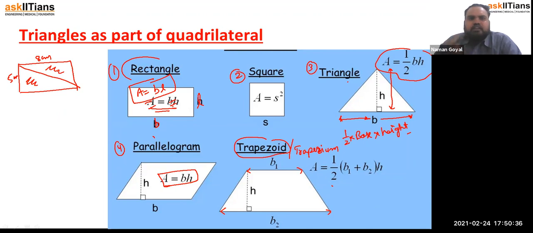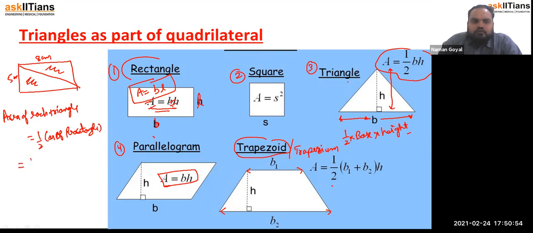The area of each triangle is one upon two the area of the rectangle, so it will be one upon two into 5 into 8. So 5 fours are 20 centimeter square. In this part, we don't have the dimensions for the triangle, but we know that there are two triangles of the same area.